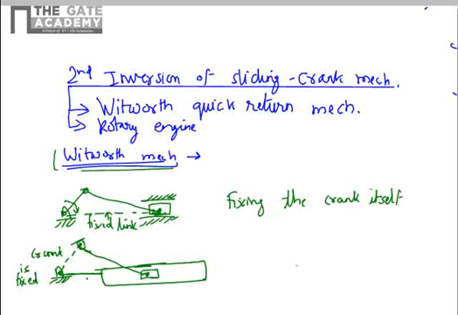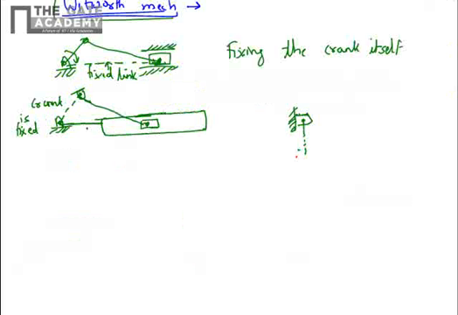Why the word quick return is coming? For that we will draw a separate sketch. So I'll draw this mechanism in a different scale now, different alignment. So this is our crank, which is fixed. And then you have the connecting rod, which is having a piston like this. The piston is contained inside a cylinder or a sliding link, and this sliding link is pivoted to this rotary joint.